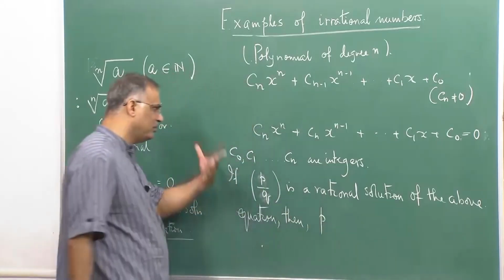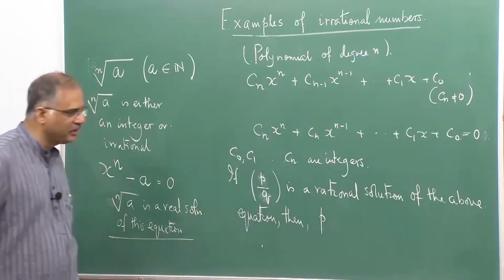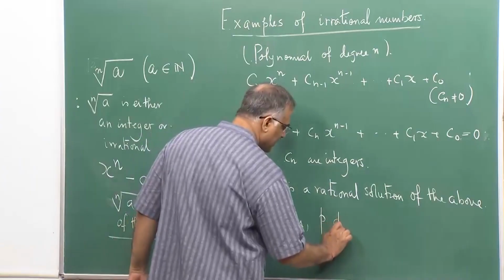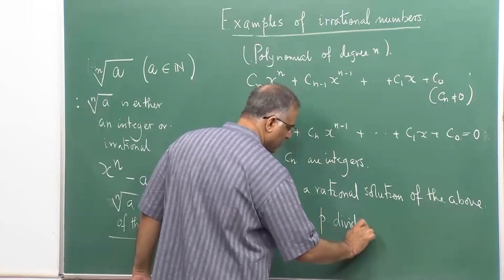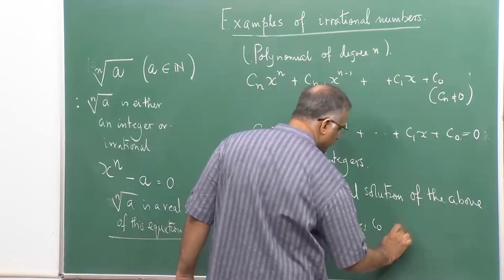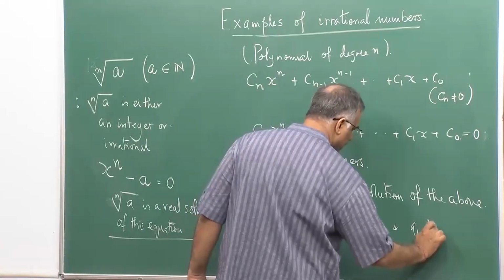But this all comes from a very simple result, this all comes from prime factorization. P divides C0 and Q divides Cn.